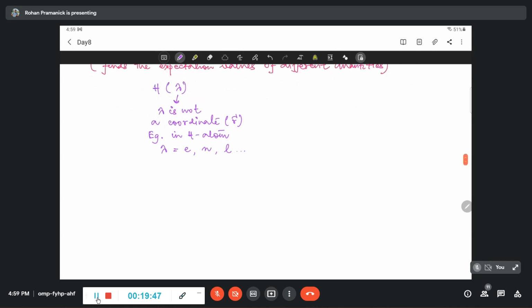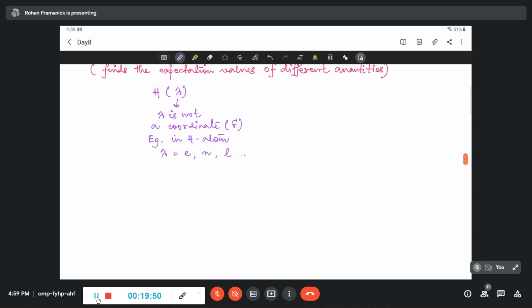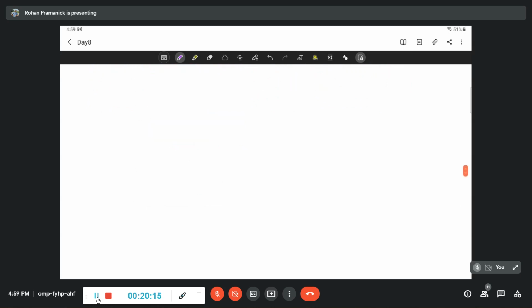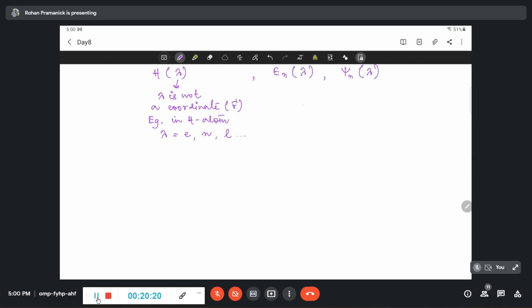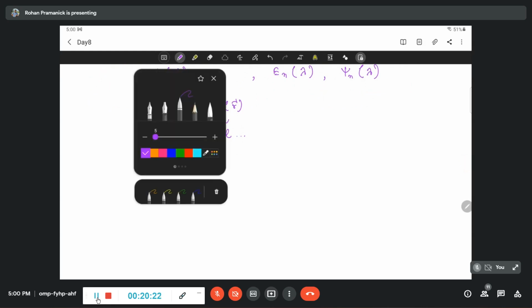So this is a quantity that does not depend on the coordinates, some quantity other than x, y, z, r, theta, phi, and all those kind of things. Your energy can also be a function of this lambda, and as these two are functions of lambda, the wave function is also a function of lambda.